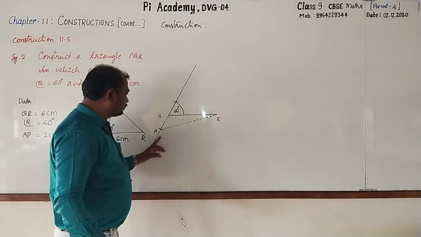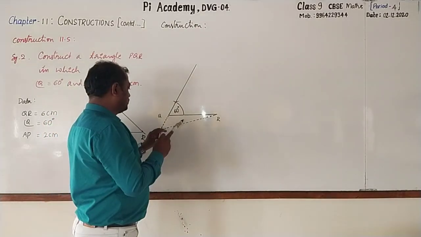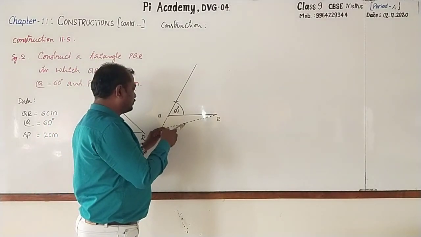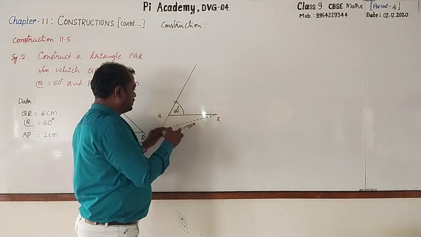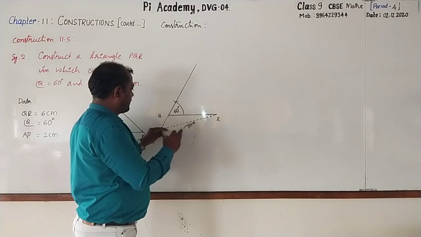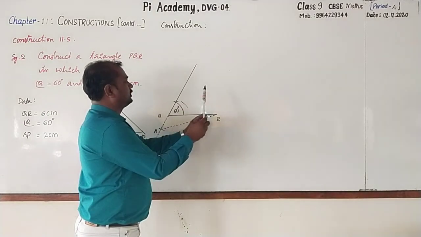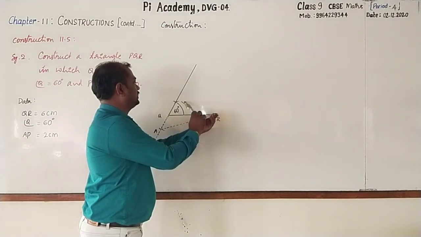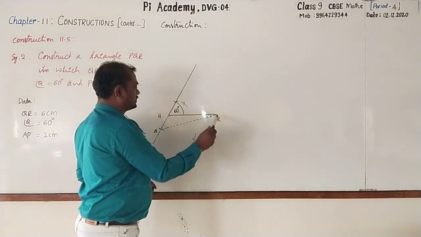Next, we have to draw the perpendicular bisector to AR. With A as center, take more than half of AR, draw the arcs on either sides. With R as center, without changing the radius, draw the arc which cuts the previous arc.